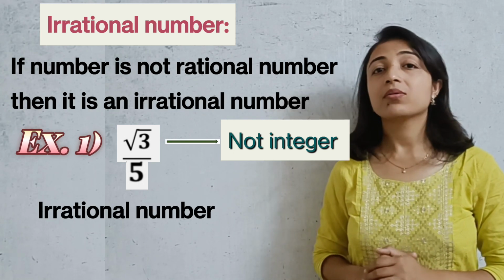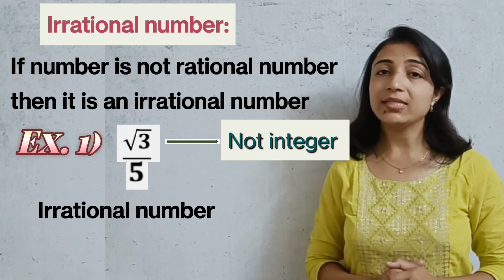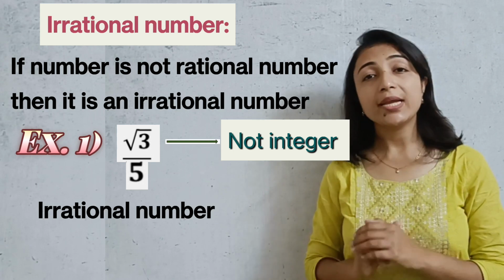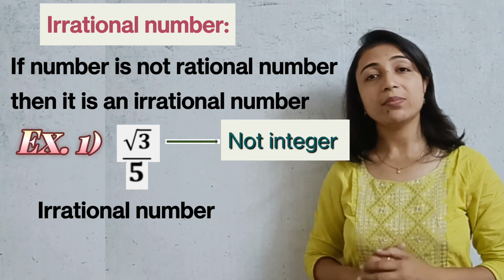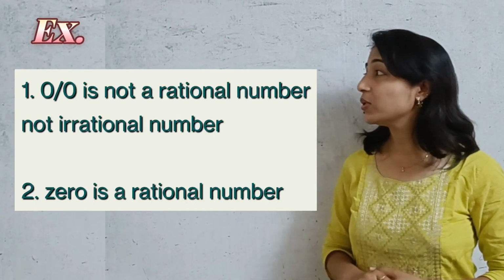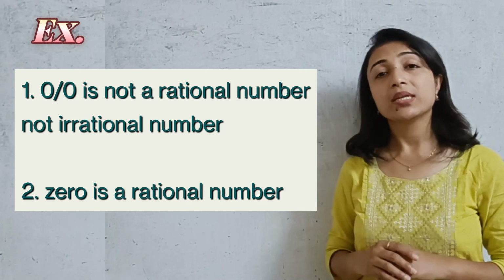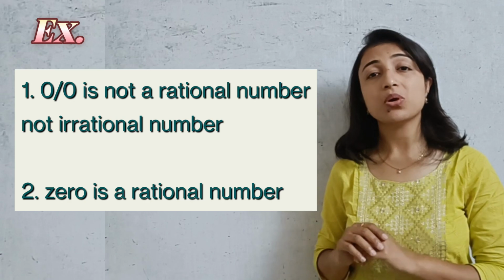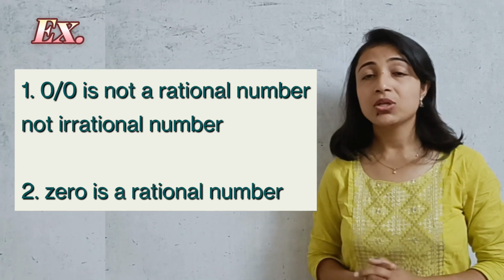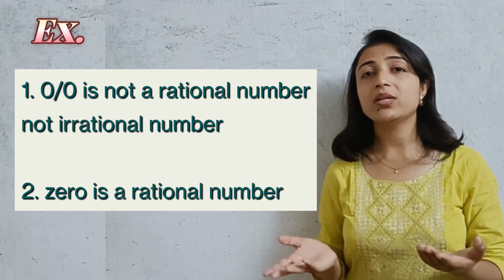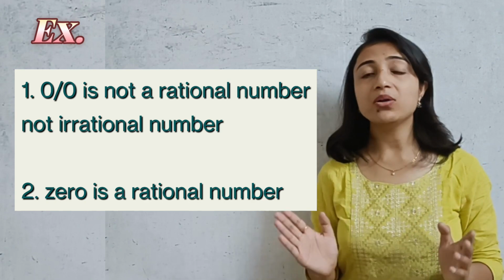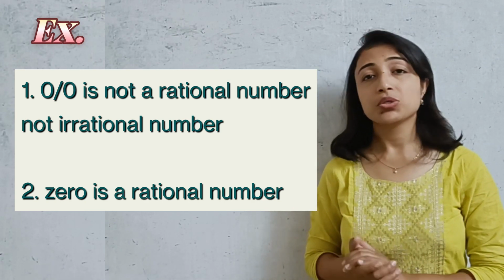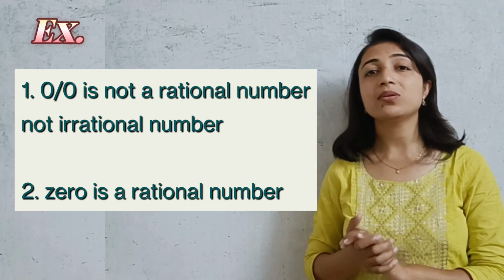Any number that is not rational is an irrational number, except 0 divided by 0. 0 by 0 is not defined, because if we divide by 0, that number does not exist. If it does not exist, obviously it is not a part of any number system. So it is not real, not rational, and not irrational.